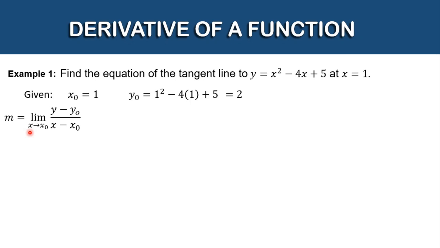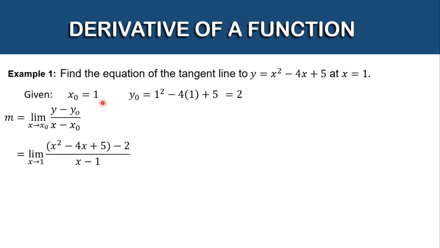And after having our formula, we just need to substitute our given. Y here is our function. Y sub 0, we already have the value, which is 2. X is just x. And x sub 0 is equal to 1.